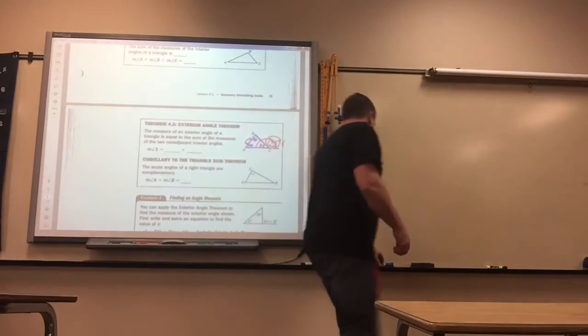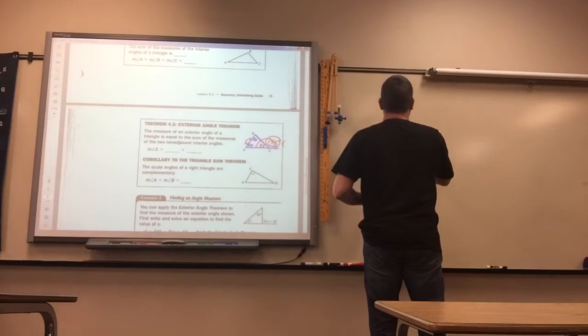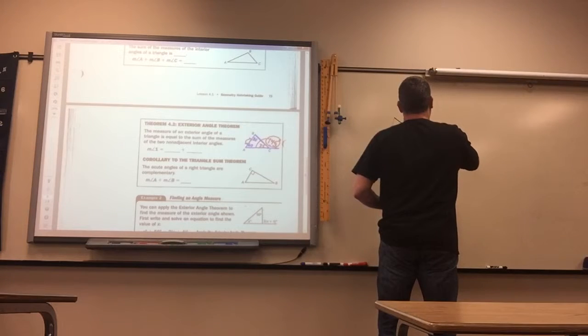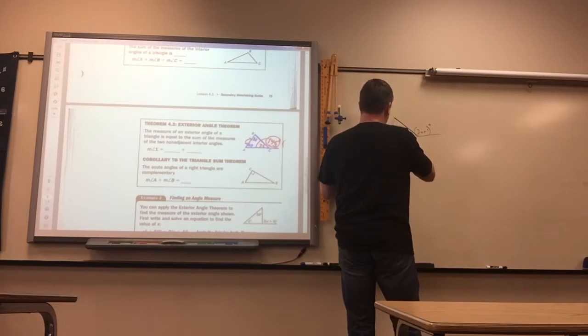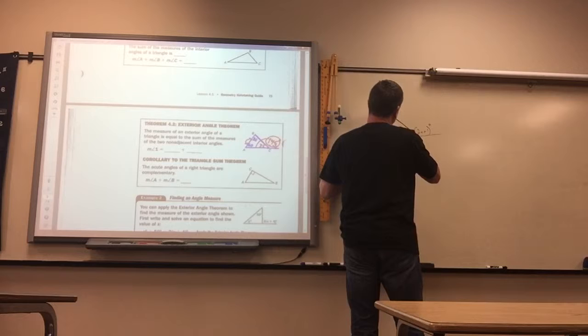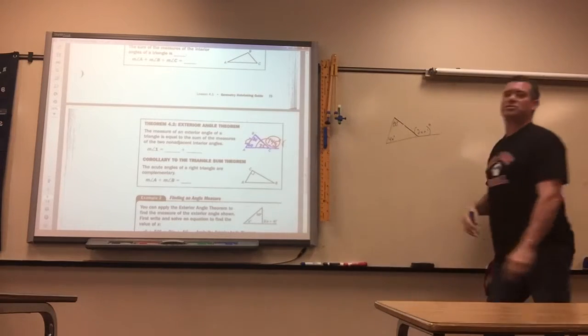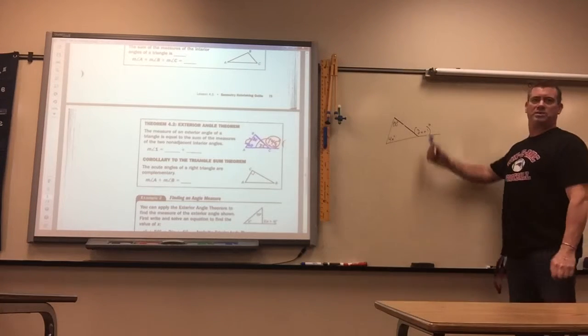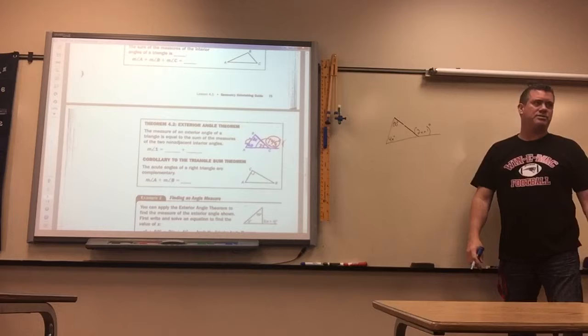Now, the reason why you're going to have to know that is when we take this test, which again is a long ways away, you're going to have a picture like this, and you've got to figure out what this exterior angle is or what x is.